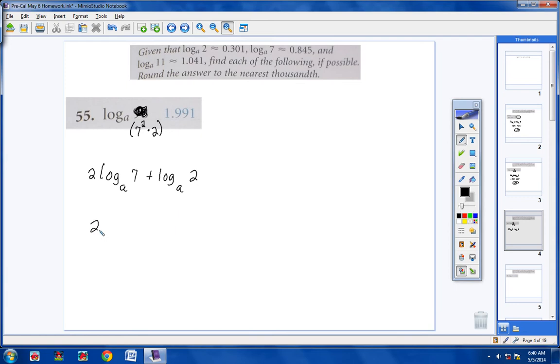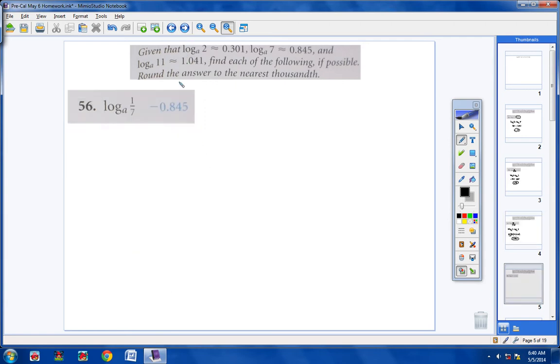The logarithm of 7 is 0.845, and the logarithm of 2 is 0.301. If you take 2 times 0.845 and then add 0.301, you'll get 1.991. All right, moving on to number 56.